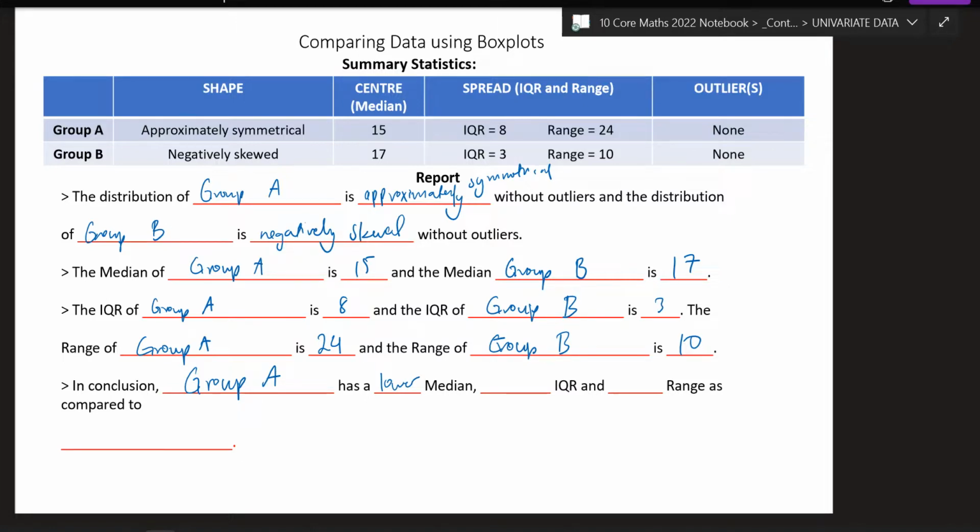Okay, because if you have a look, in group A, IQR is 8 and group B is 3. So higher. And the range is also higher in group A, okay, compared to group B. It doesn't matter, to be honest. It's the same thing. Compared to group, and then you'd write in the end group B.